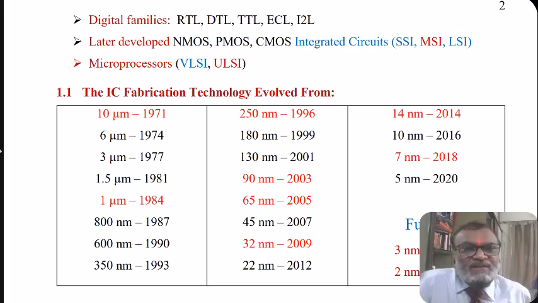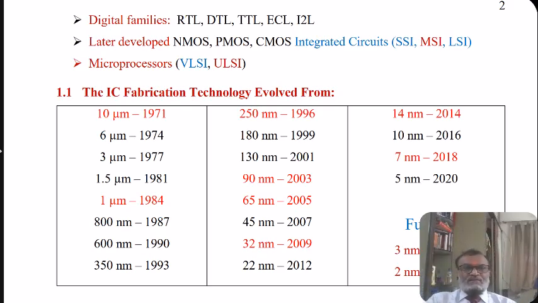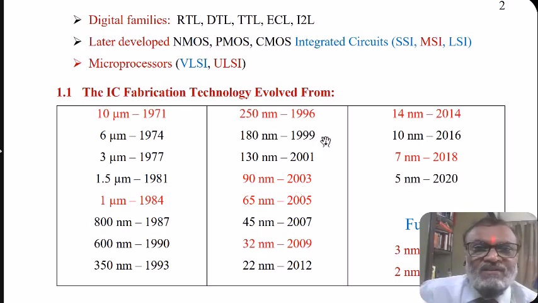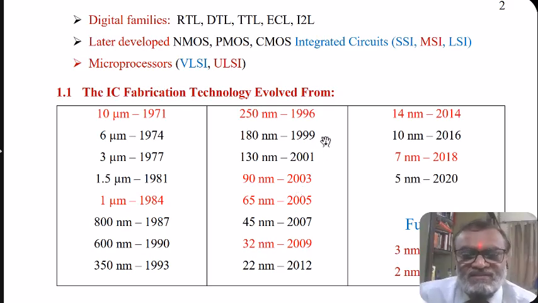The digital families are RTL for resistor transistor logic, DTL for diode transistor logic, TTL for transistor transistor logic, ECL for emitter coupled logic, and I square L, that is integrated injection logic.